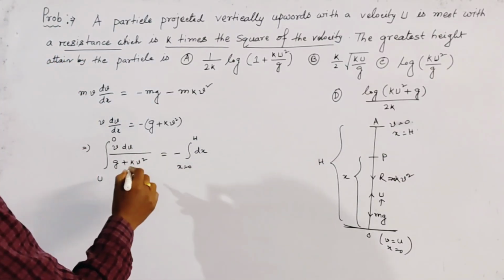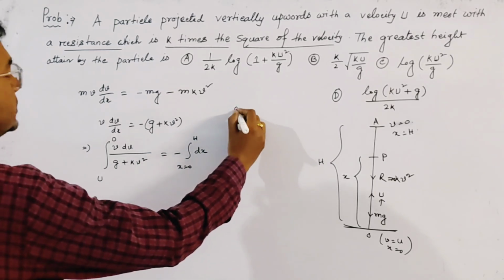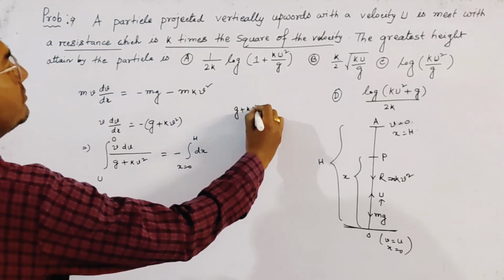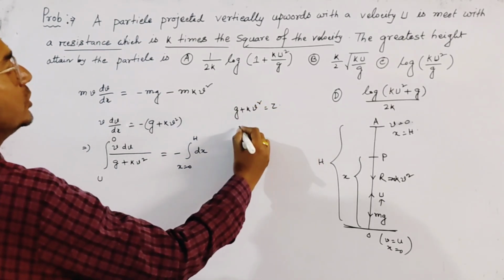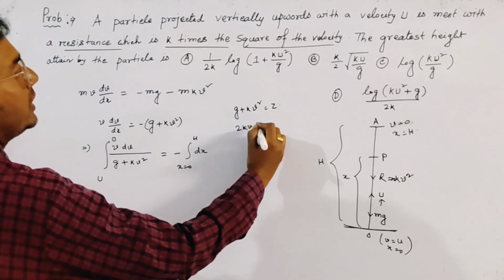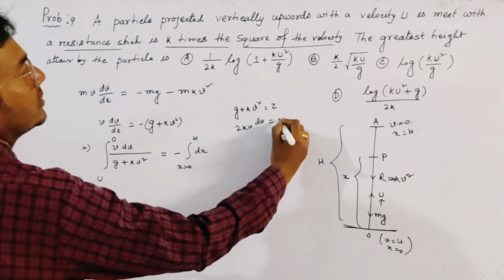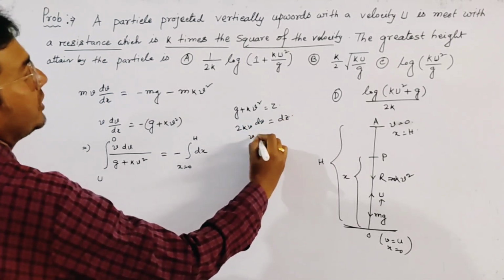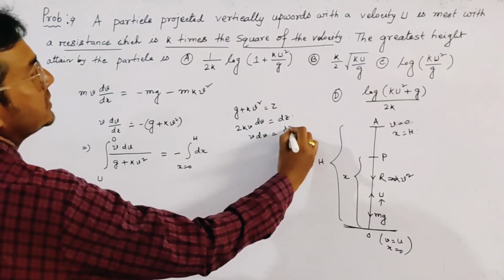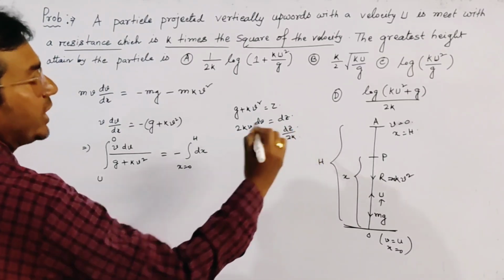Now to integrate we put g plus k v square equal to z. So we get 2kv dv equal to dz, so v dv equals dz by 2k.